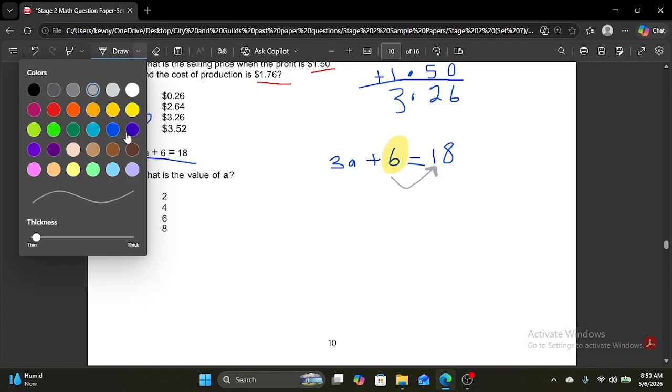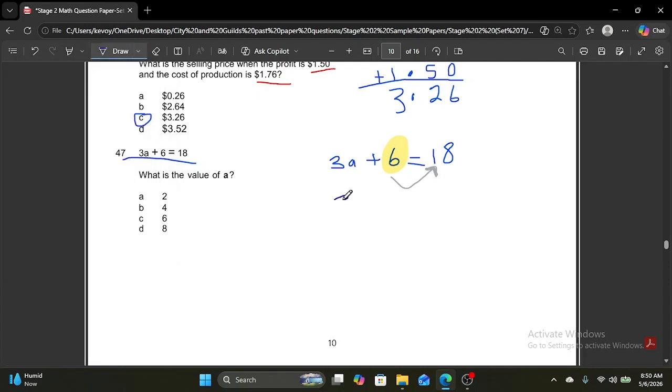So I'm gonna change the color. 3a is equal to 18 minus 6, and we'll rewrite our 3a. 18 minus 6 is just 12.